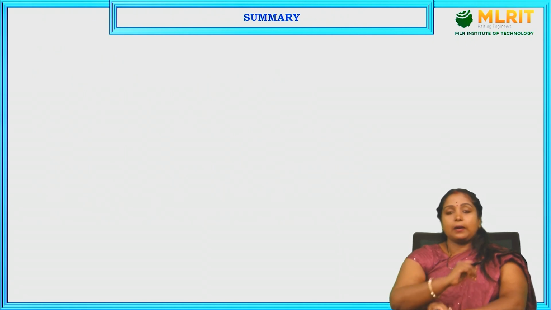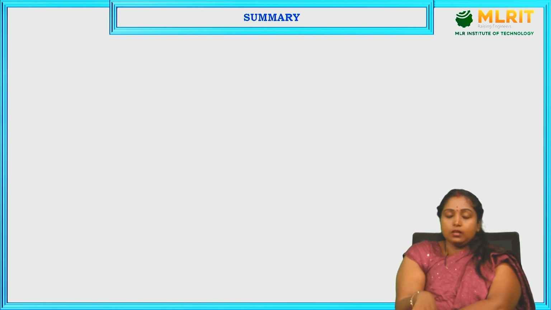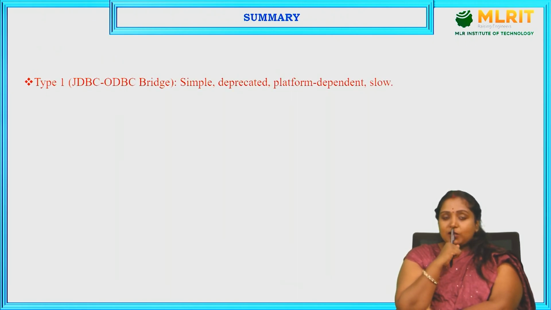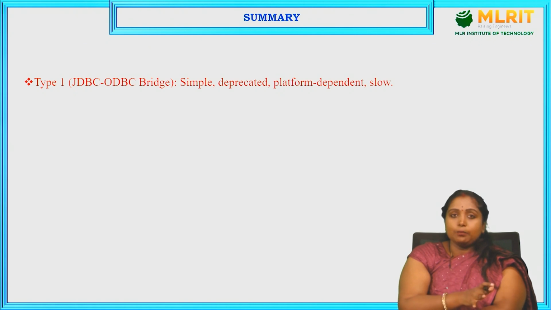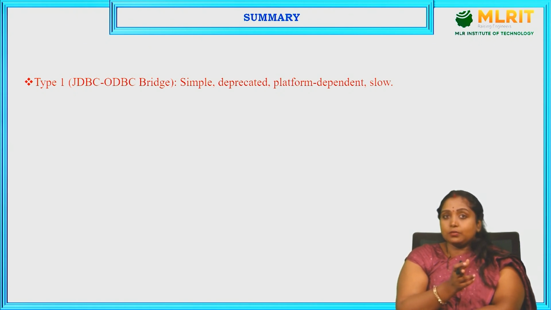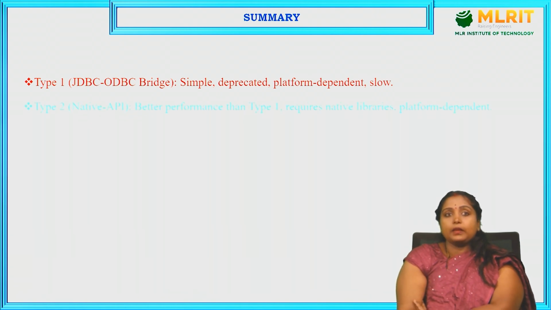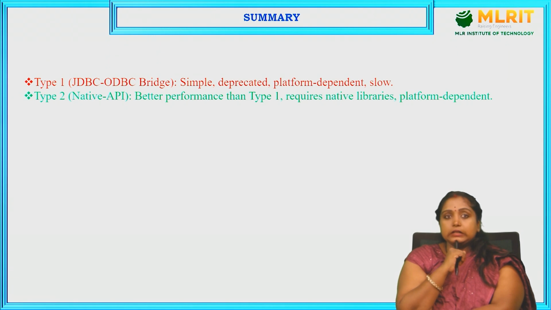Coming to the summary of this session, we have seen the types of JDBC drivers. The first type is the JDBC-ODBC driver. It is simple, but it was deprecated by Sun Microsystems, it is platform dependent, and it is slow. The second one is the type 2 driver, which is the native API driver.